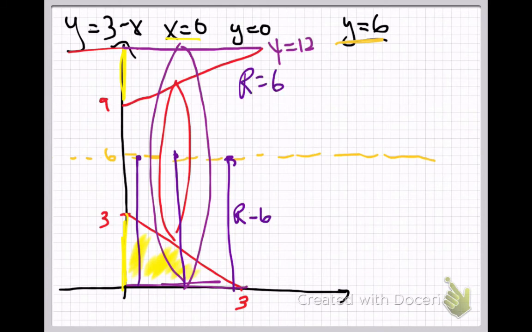Okay? Now let's try to do the same thing with the red, the smaller circle, the hole. Again, we're starting at 6, and we're going down to the red line. Doesn't matter where I draw, we're still starting at 6 and going down to the red line.